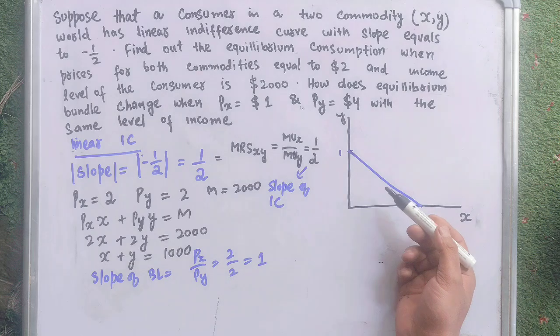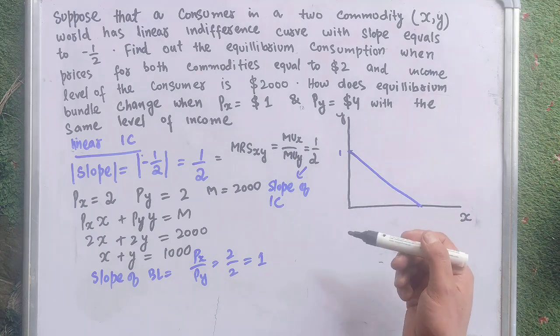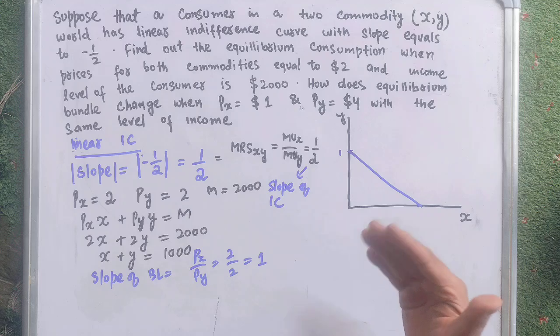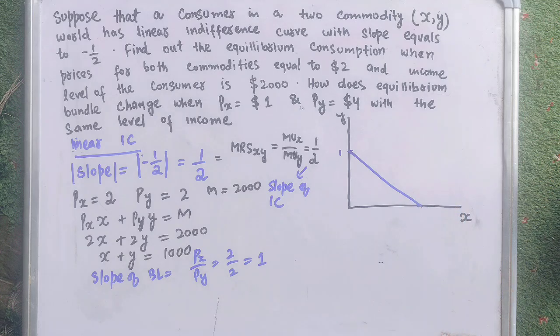Now with the given budget line in the maximization problem, what is the endeavor of the consumer? He wants to achieve the maximum satisfaction. That is, his endeavor is to reach the highest possible indifference curve.